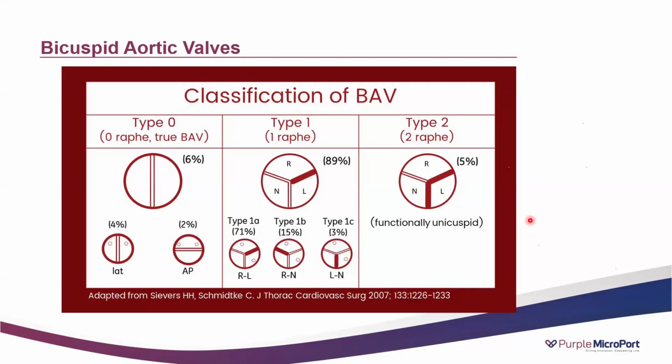But when it comes to the Asian population, you will find 40% are type 1 and type 0 bicuspid put together. Because we Indians, Asians, Chinese, Japanese have more bicuspid anatomy compared to the Europe and the US population. In India, it may not be 6%. No, type 0 in India is more. Yes, okay.